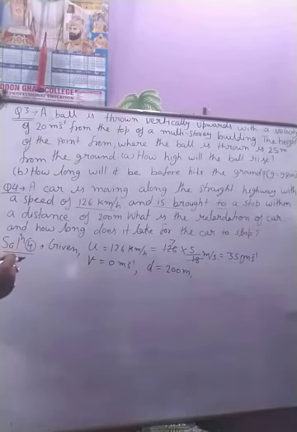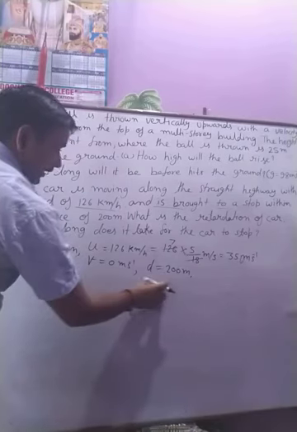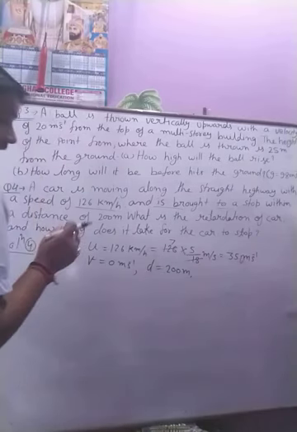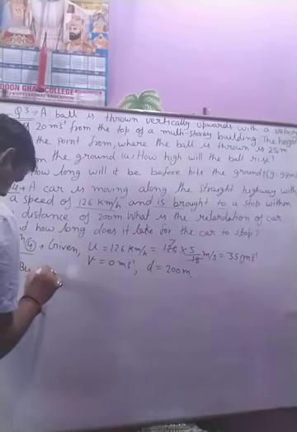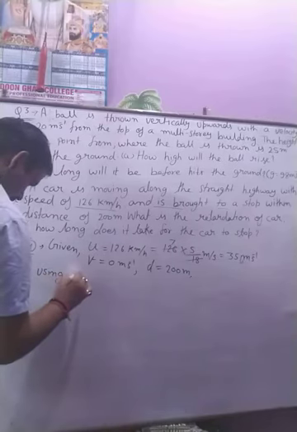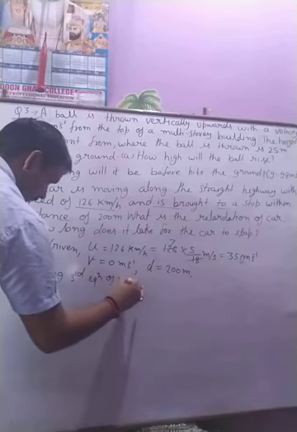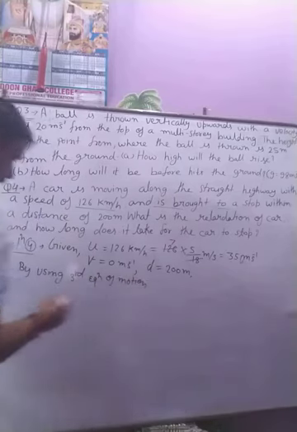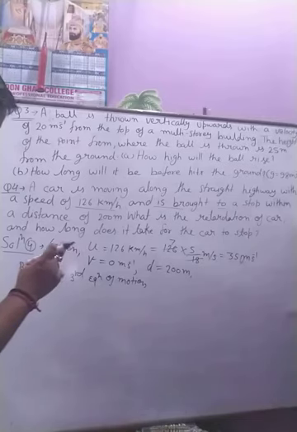So we have the velocity initial and final, and also we have a distance, so we can use the third equation of motion. By using the third equation of motion, we can calculate acceleration, d हमारे पास है.